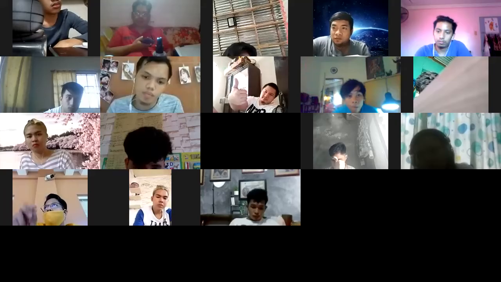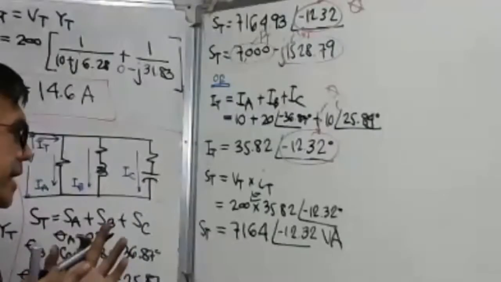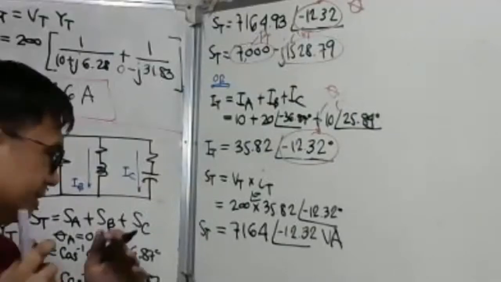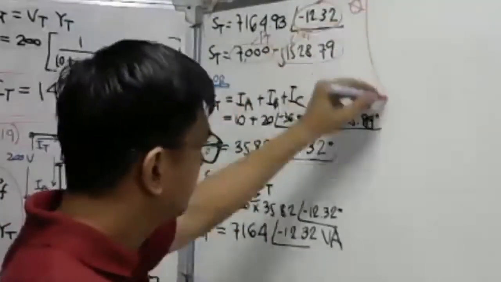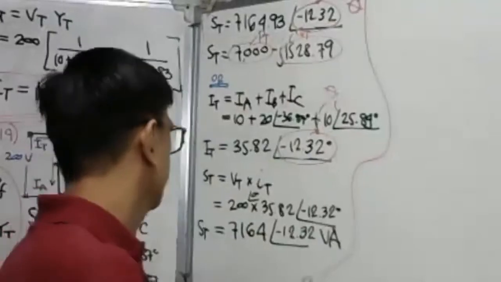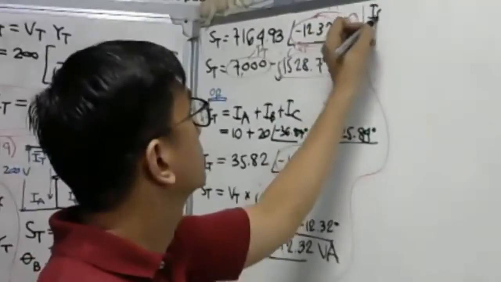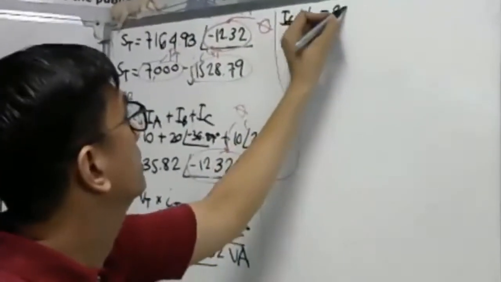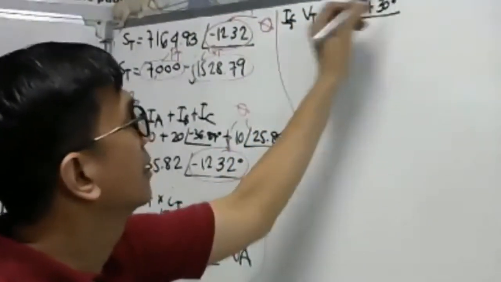Parehas lang, di ba? But sir, what about if the angle of the voltage is, let's say, positive 30 degrees? Let us have an assumption here. If our voltage is 200 bar angle positive 30 degrees, may angle na yan.